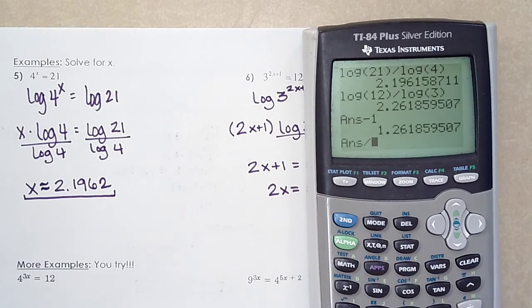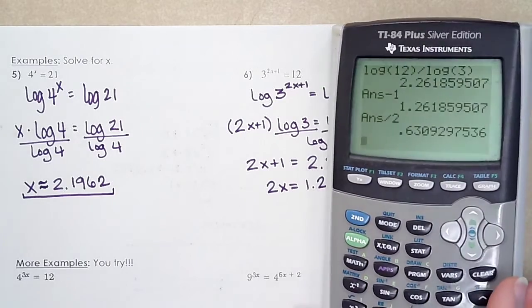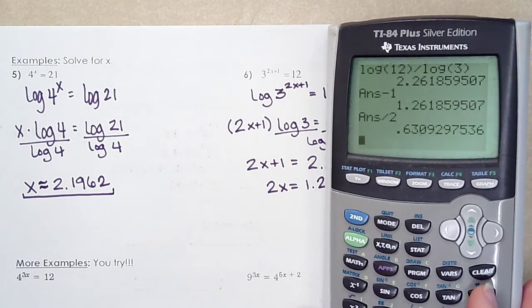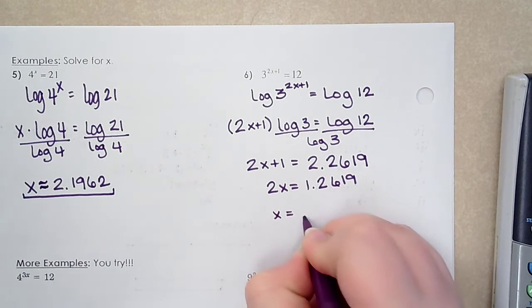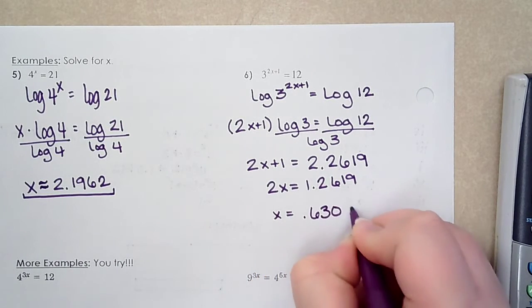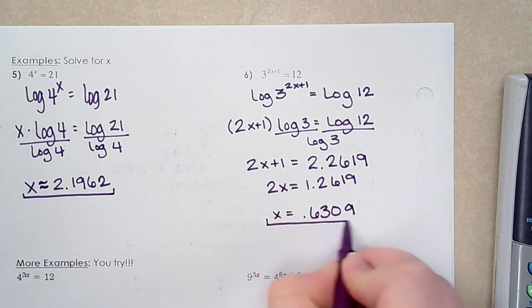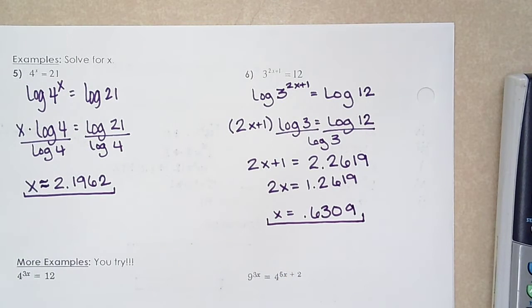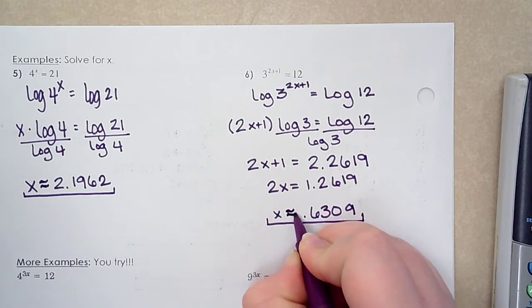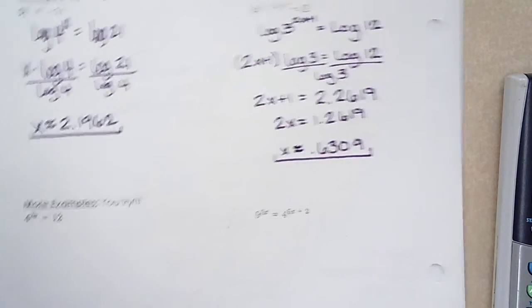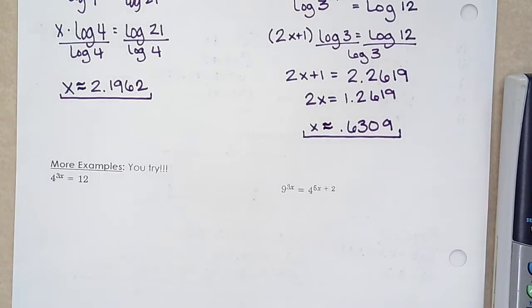And then, of course, divide by 2. You're going to get an approximate answer of 0.6309. If you're off by 1 decimal place or by a rounding, I'm going to assume it's a calculator error. But again, by going out to 4 decimals, it allows me to see how accurate you really were in your calculations. So please go out to 4 decimals.